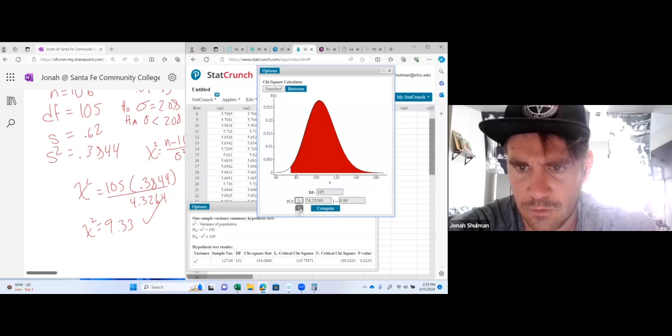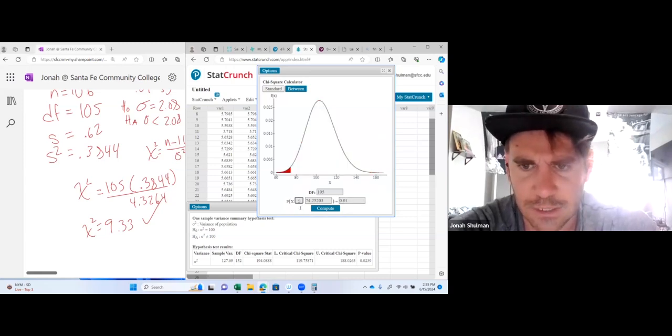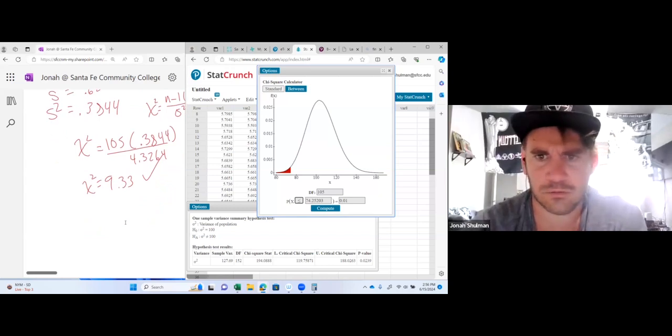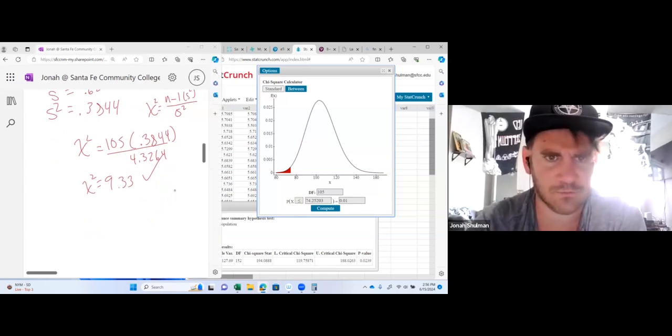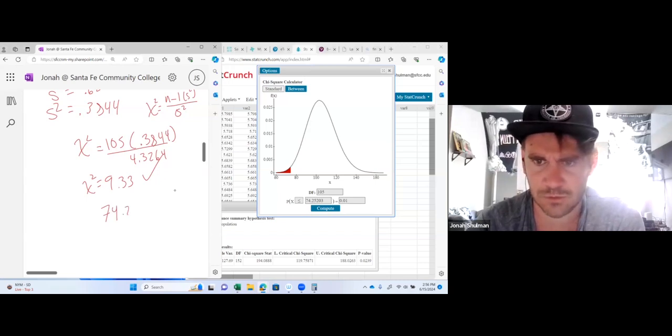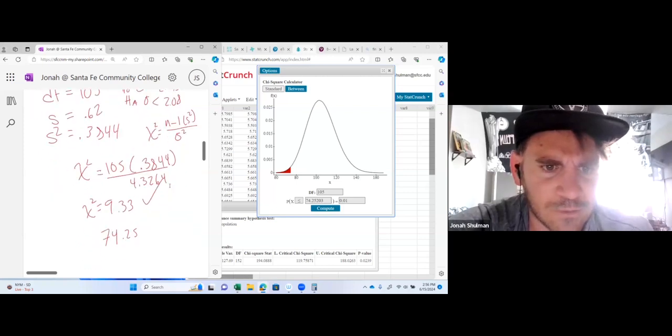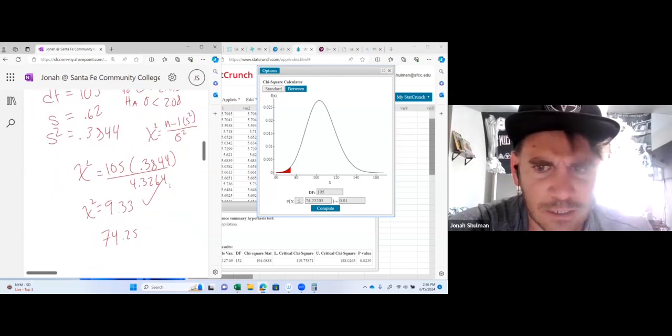So if we do that, I got 74. So I know that we want anything less than 74.25, because that's 74. We want less than that. And what did we get? Our chi-squared value is 9.